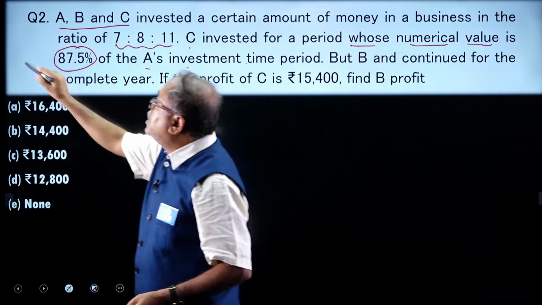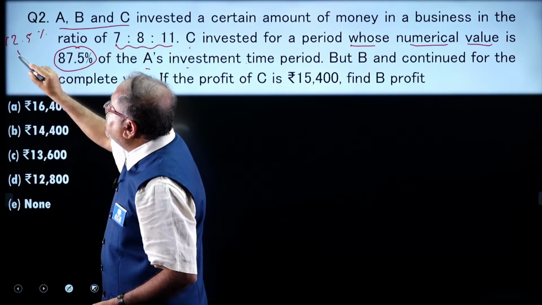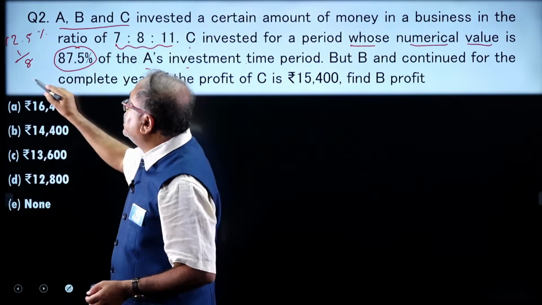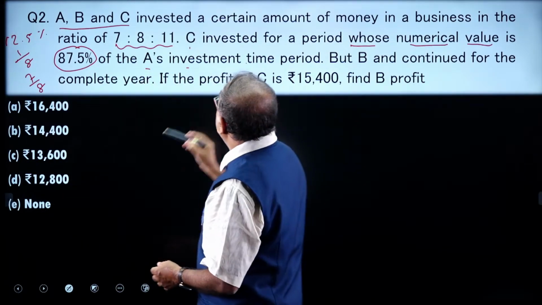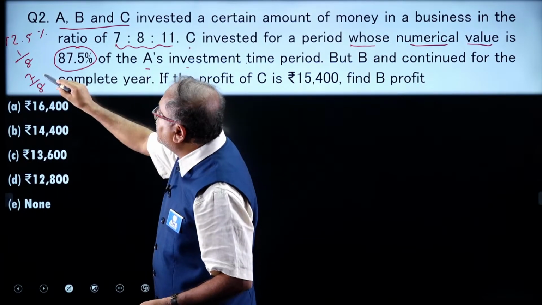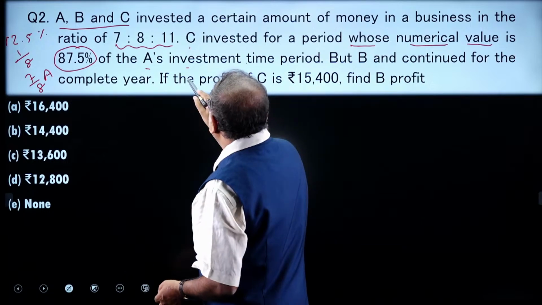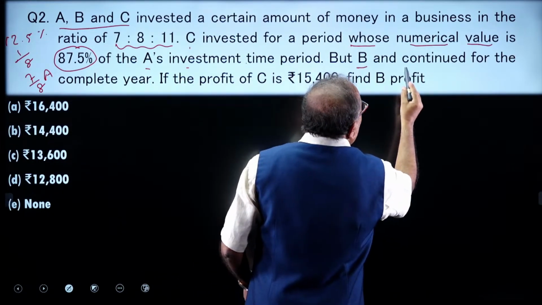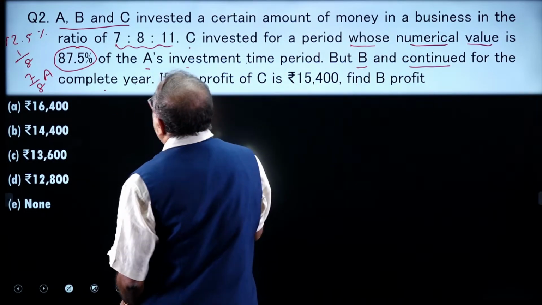And we know 12.5% is nothing but 1 by 8, so 87.5% is 7 by 8. So C's investment period is 7 by 8 of the investment period of A. It's given here. And B continued for the complete year.